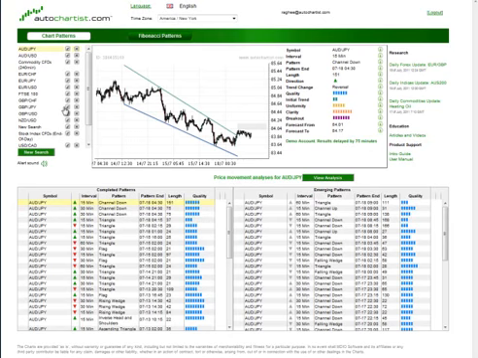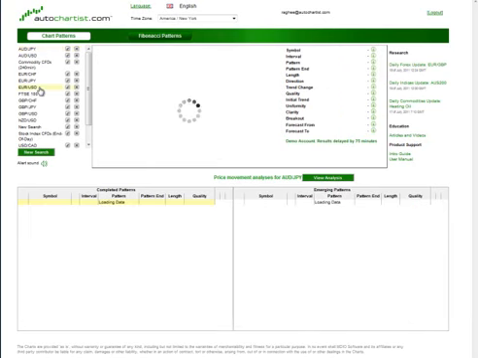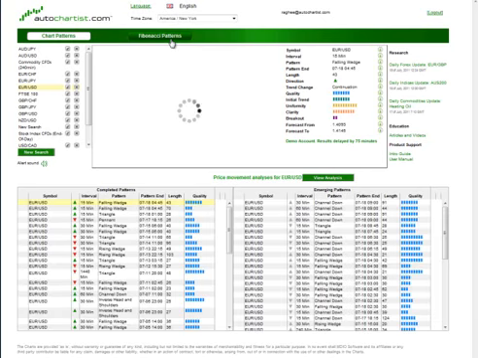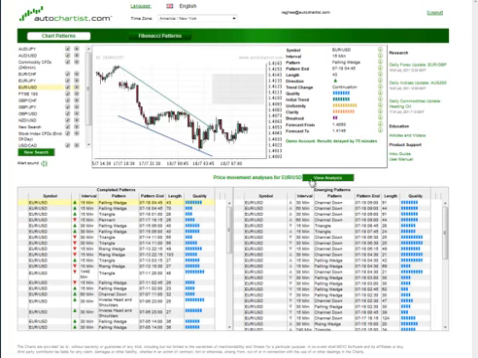So let's say I head on over to Euro US dollar. Click on that. Of course, my emerging and completed chart pattern lists are going to populate, so I can see the different chart patterns. By the way, for those of you that are into Fibonacci patterns, AutoChartist scans for those as well. And you can overlay the chart patterns, you can overlay Fibonacci patterns, and the price movement ranges on your MT4 now. There are custom indicators now available for that.